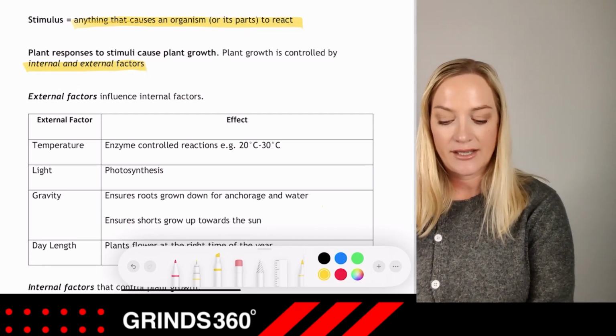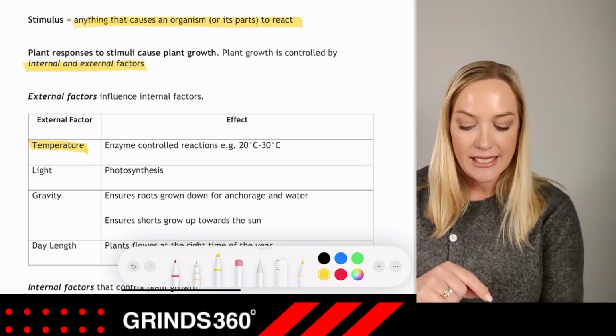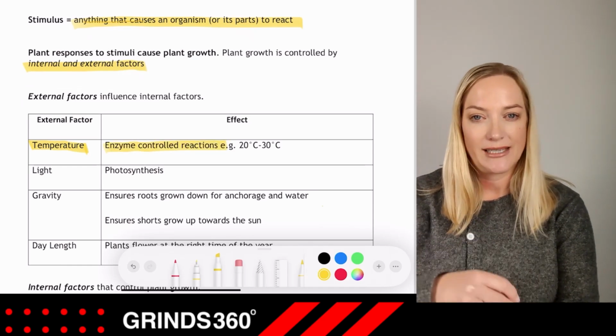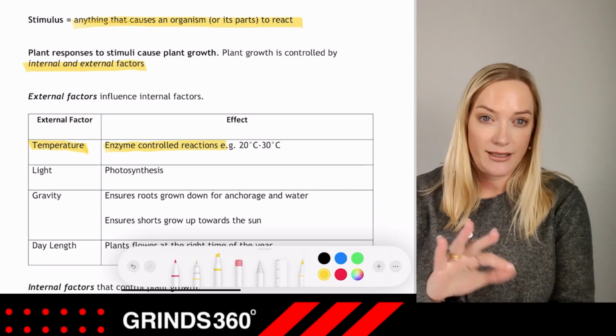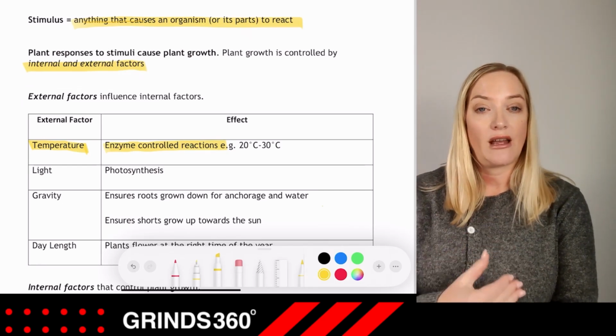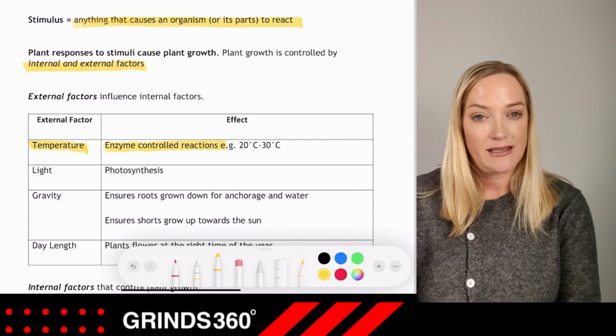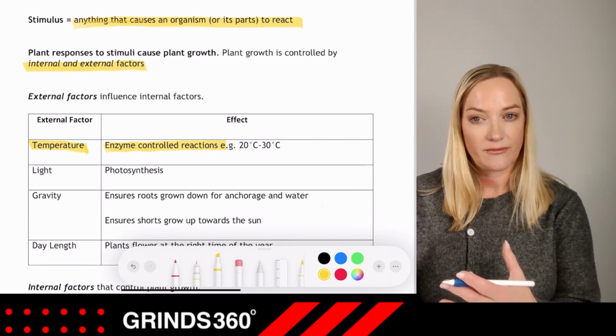Okay, an external factor, temperature. This will have an effect on the enzyme reactions within the plant. So plants have a preferred temperature, depending, I suppose, on where they are, but between 20 to 30 degrees. So we've covered enzymes. So we know that outside an enzyme's optimum temperature, it'll affect the rate of reaction.